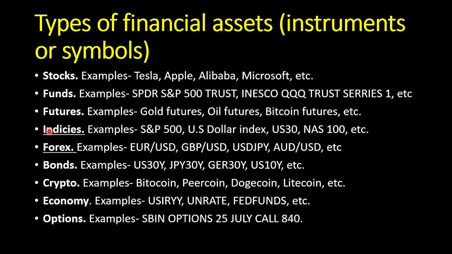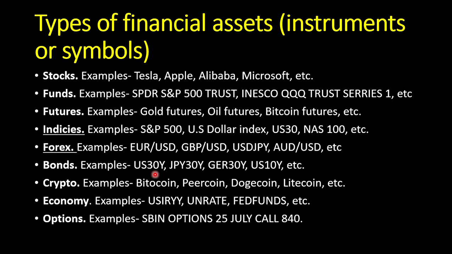Then we come to indices. Examples include S&P 500, the dollar index, US 30, and NAS 100. Then we have forex. Examples of forex assets include Euro USD, Great British Pound USD, dollar versus yen, Australian dollar versus USD, and many more. Then we have bonds.